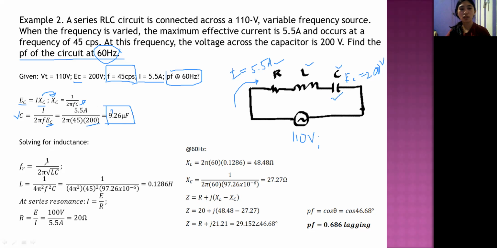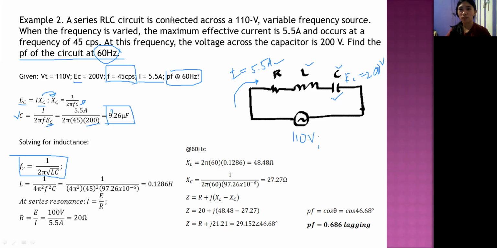So we'll be considering the formula for the resonance frequency. Since this is stated here, it's maximum effective current.